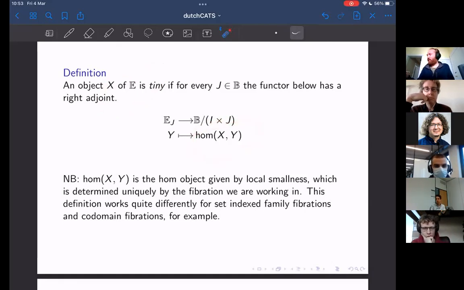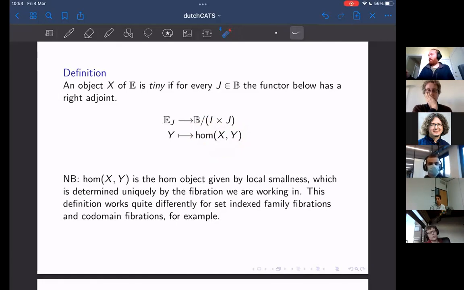As I said, in any locally small fibration, these are uniquely defined up to isomorphism, but they can look very different depending on which fibration we're working in. Maybe we're working over set-indexed families, and then this would be a coproduct over the hom sets, or we might be working over codomain fibrations, and then it's completely different. Then it's a local exponential in the slice category.